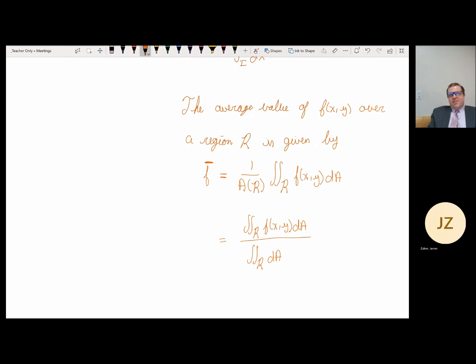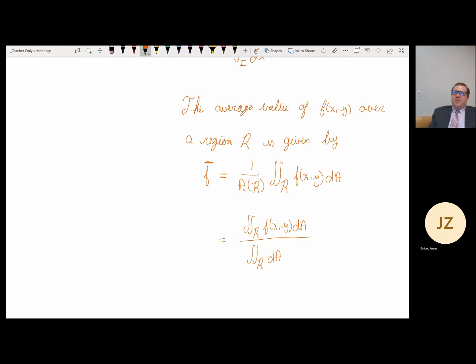Right? Much like the length of an interval is the integral over that interval of the length differential. Now, obviously, if our region is a rectangle, area of a rectangle is very easy to find.